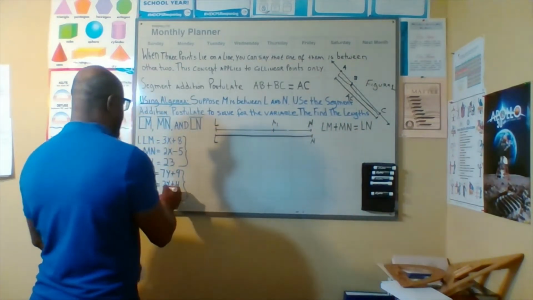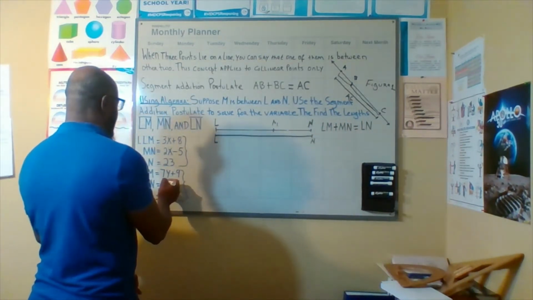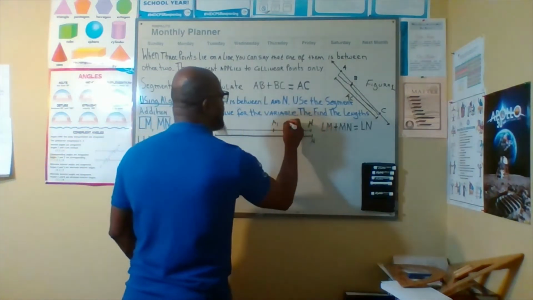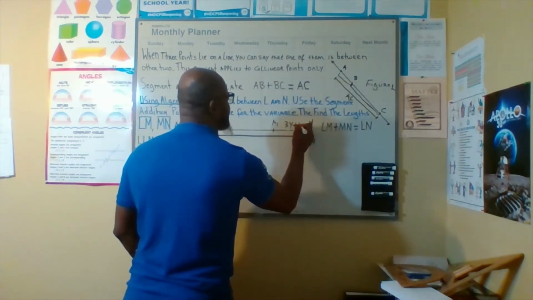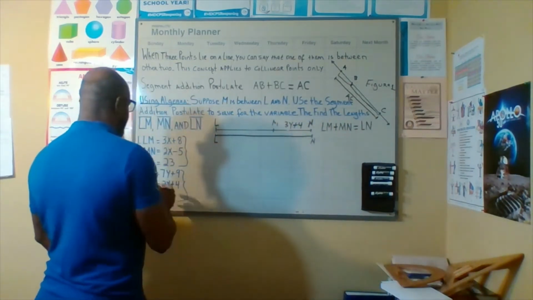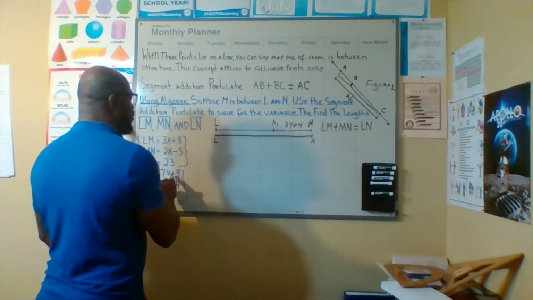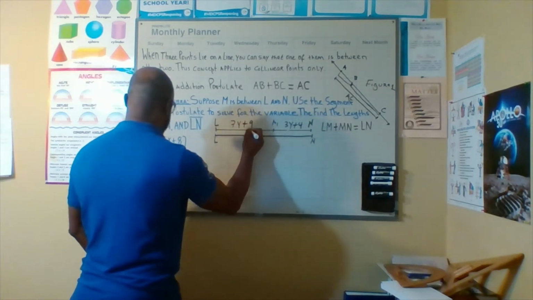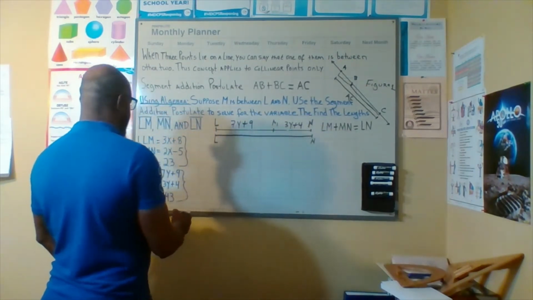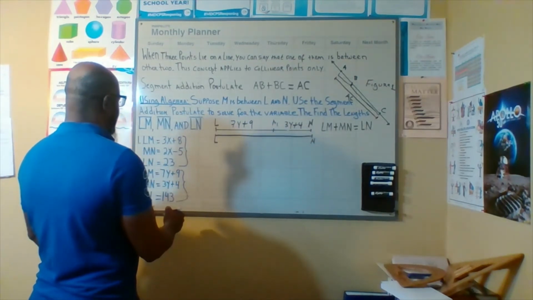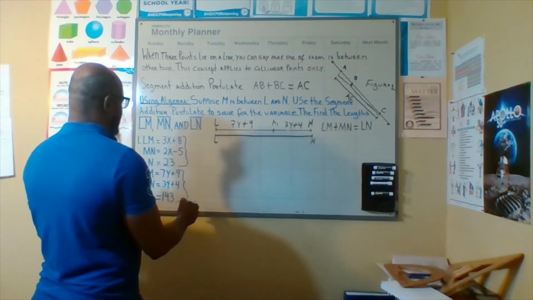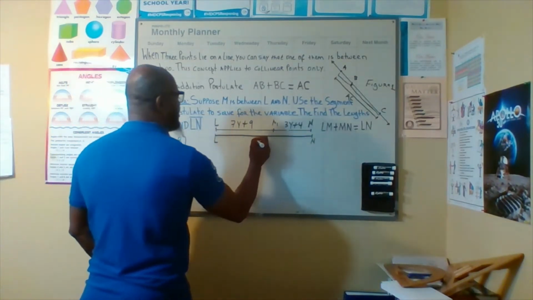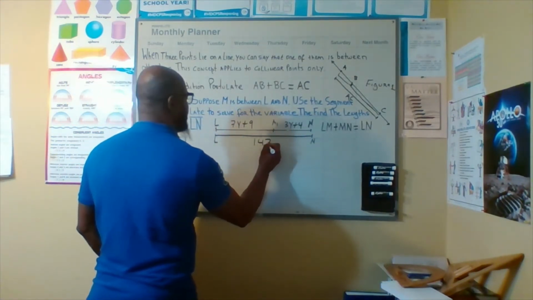All right. MN is 3y plus 4. LM is 7y plus 9. And LN is 143 again.